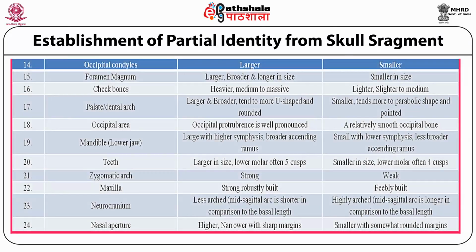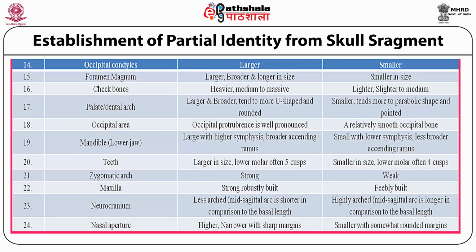The other important characteristics which are used for demarcation between males and females are occipital condyles, foramen magnum, cheekbones, occipital area, and teeth, that are larger in size, with lower molars often having 5 cusps in case of males, and smaller in size, with lower molars often having 4 cusps in case of females.